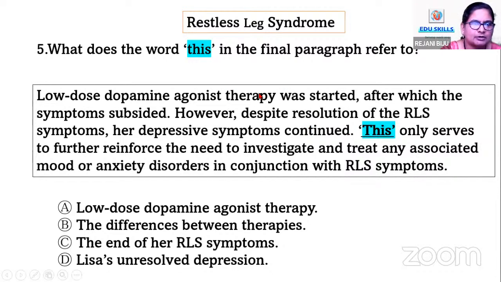Despite resolution of the RLS symptoms, her depressive symptoms continued. You can see there is a dependent and an independent clause, and of course the answer will be in the independent clause. So can you say what the answer is then? "This only serves to further reinforce the need to investigate."